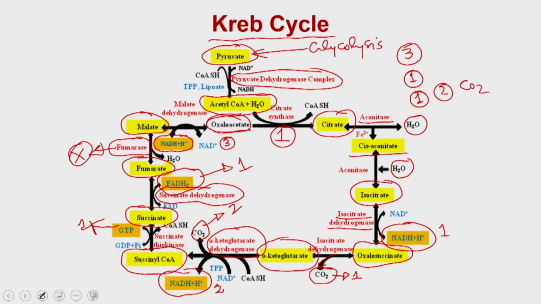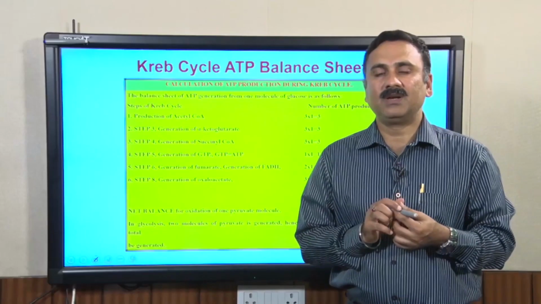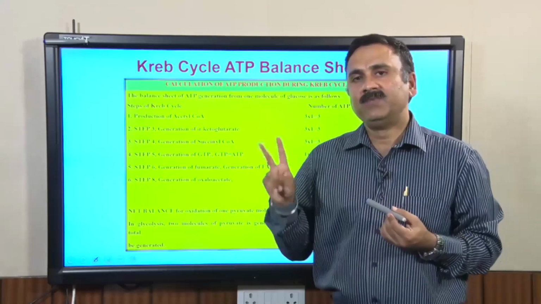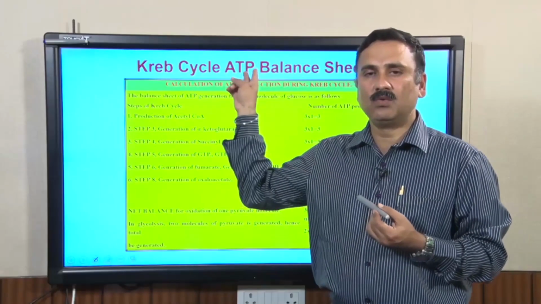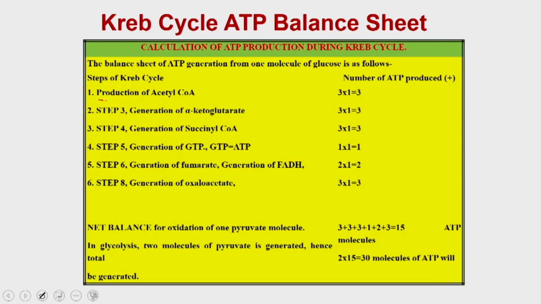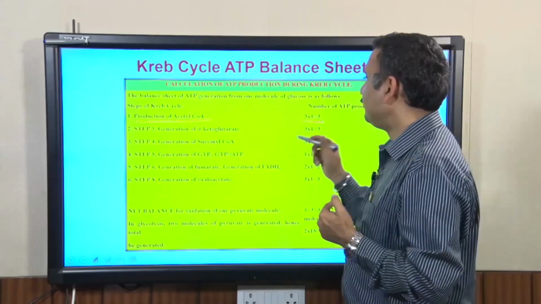Let us see what is the balance sheet of the Krebs cycle. In the balance sheet of one Krebs cycle, you always remember that you have generated 2 molecules of pyruvate from 1 molecule of glucose. The initial reaction is that acetyl CoA is generated. When the pyruvate got converted into the acetyl CoA, it generated 1 molecule of NADH.